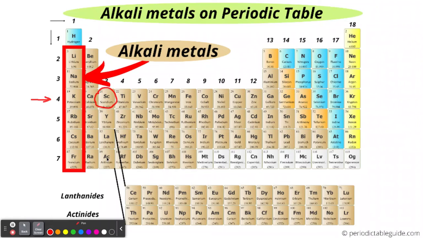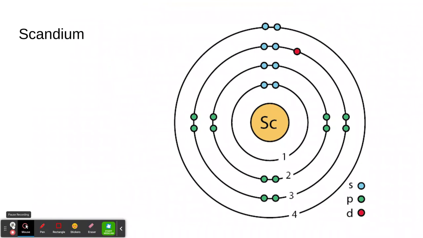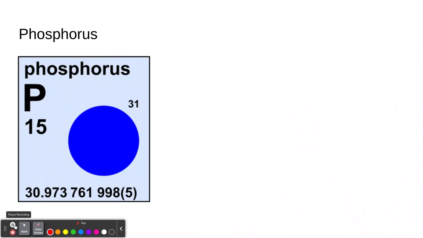And it's also in this group over here, which are rare earth metals, which, again, we'll have separate videos for each one. And there's scandium, right? Just count the orbits, count the rings. 1, 2, 3, 4. So it's in the fourth row. And what's another name for row? Period. Excellent.